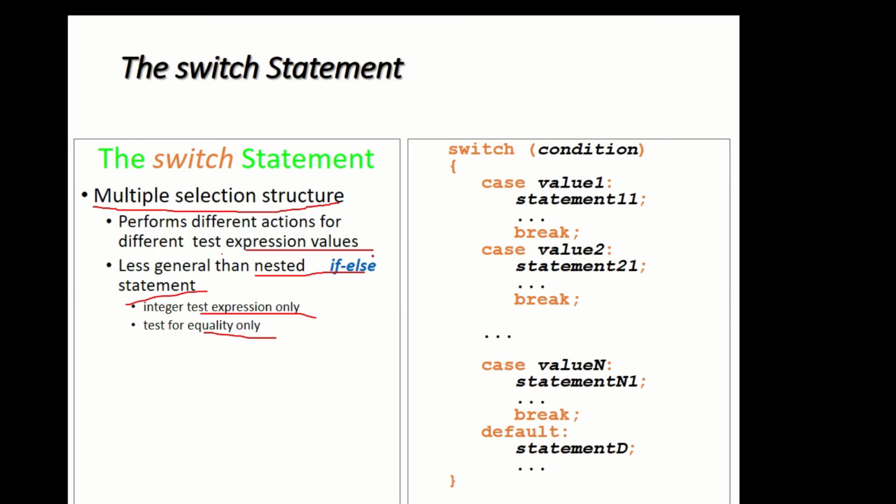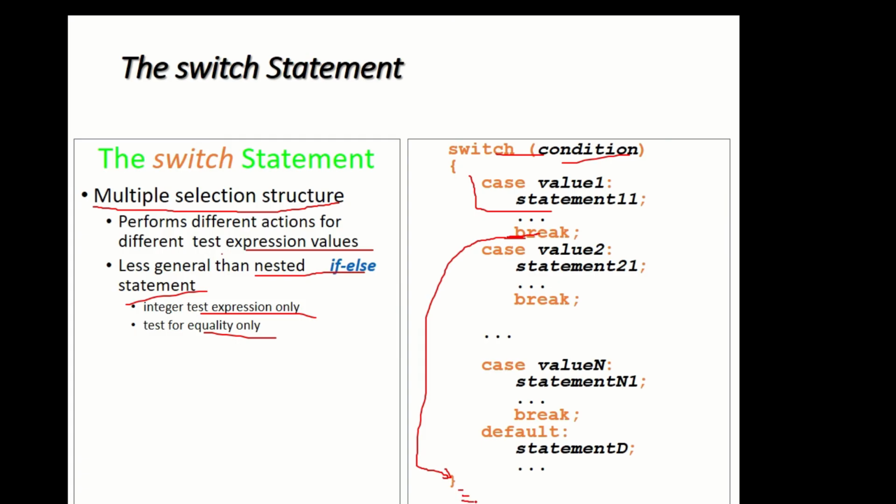Case 1, case 2, case 3, case 4, multi-selection structure. Switch condition 1, do this much fragment of code, then break. If the break keyword is called here, the program is automatically out of this brace and starts from the next line.